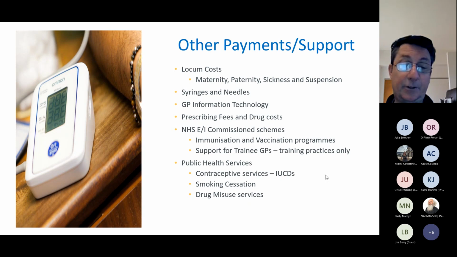And then finally, you've got public health services, things like contraception services, IUCDs, smoking cessation and drug misuse services. So again, there are additional payments made if the practice wants to put on extra work in these areas.